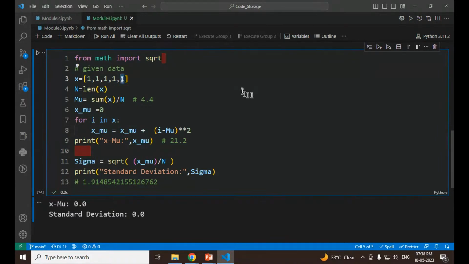Let's make a small change. I'll make it 2. Small change. I'm making it 4. It's becoming more than that. And I'll add one more 4. You can see again it is increasing with fractions.